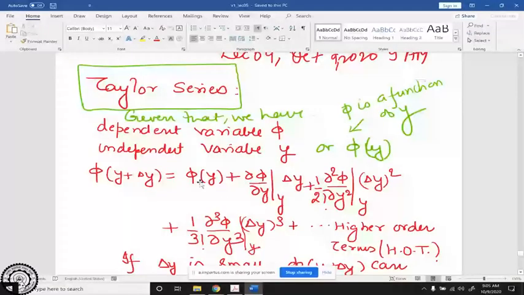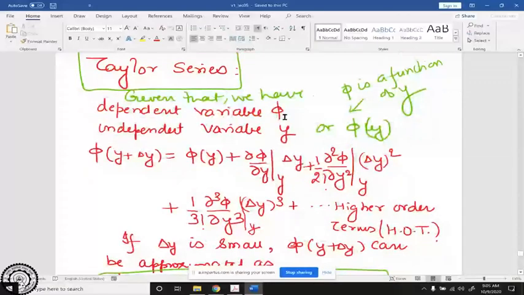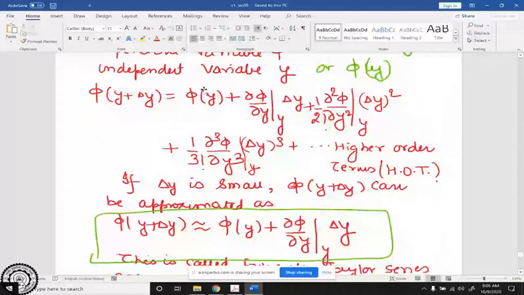So if I have a dependent variable phi, and that dependent variable depends on one independent variable y, we can say phi is a function of y. Then I can write this series, which I have shown here on the right hand side. This is called Taylor series, and it starts with phi at y, and then it has higher and higher order derivatives. Of course, we are assuming here phi is differentiable a finite number of times. Then only you can write this series on the right hand side.